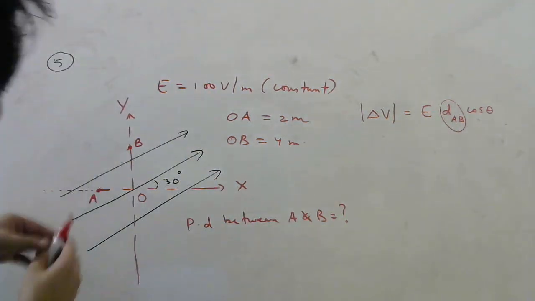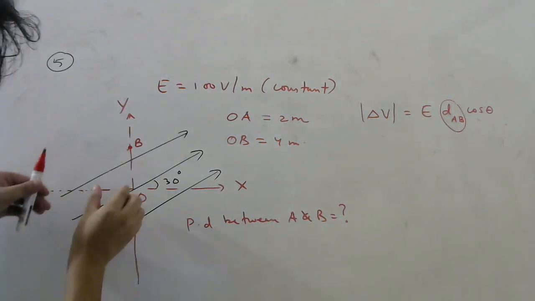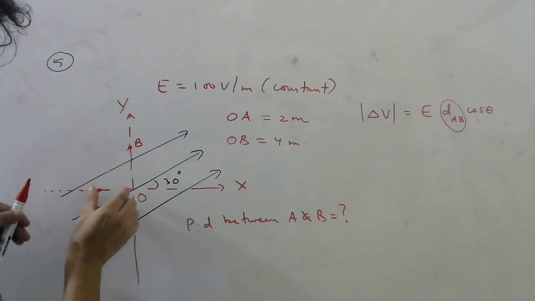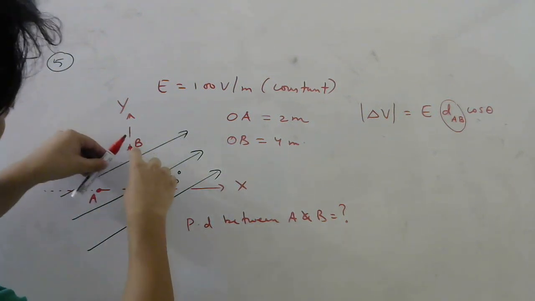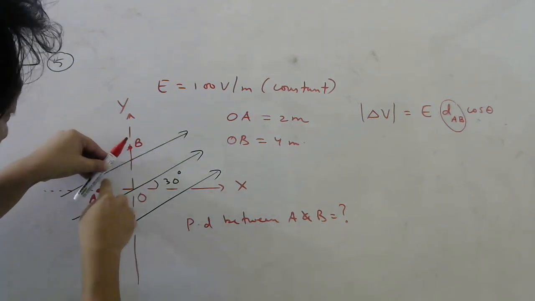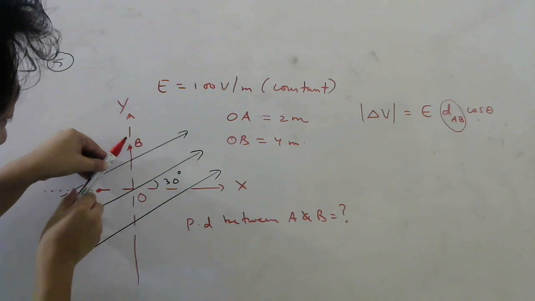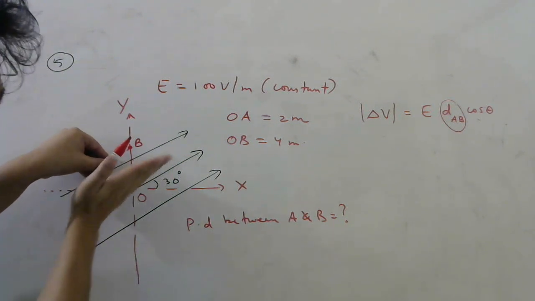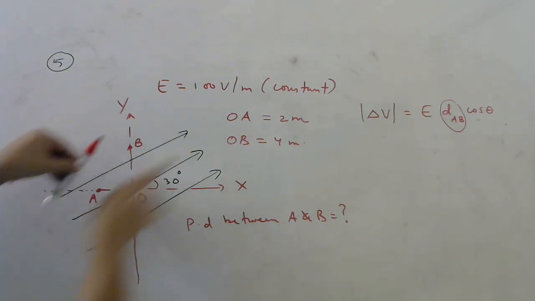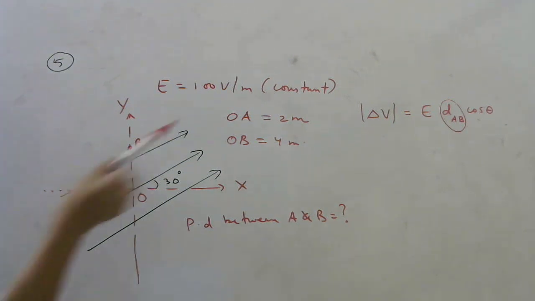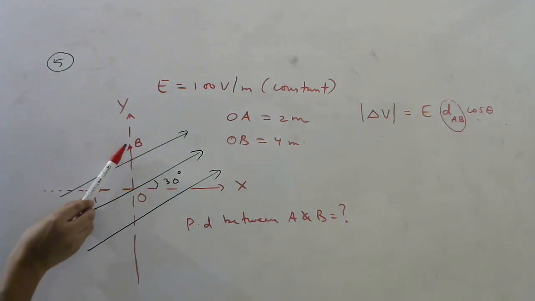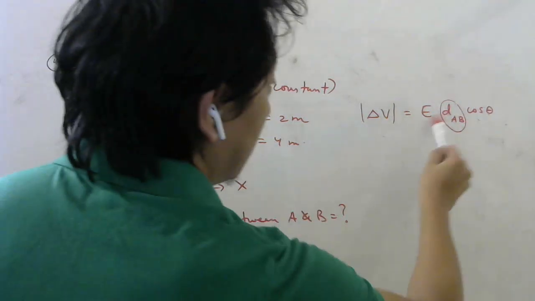Why? Because we don't know this distance also. We know this distance, this is 2, this is 4. So yes, we can find this distance. But this angle also we will need, the angle between this displacement and these black electric field lines.